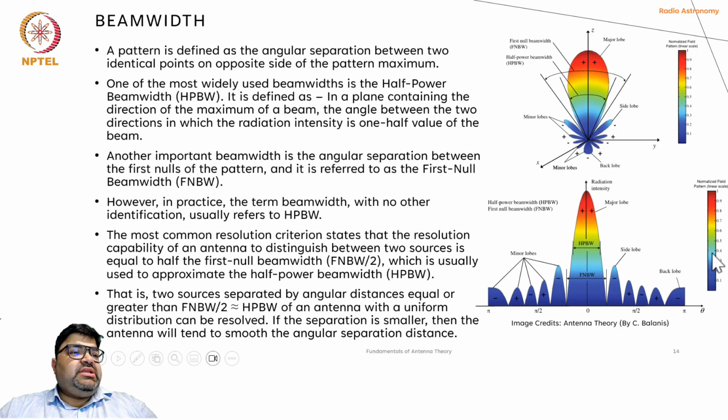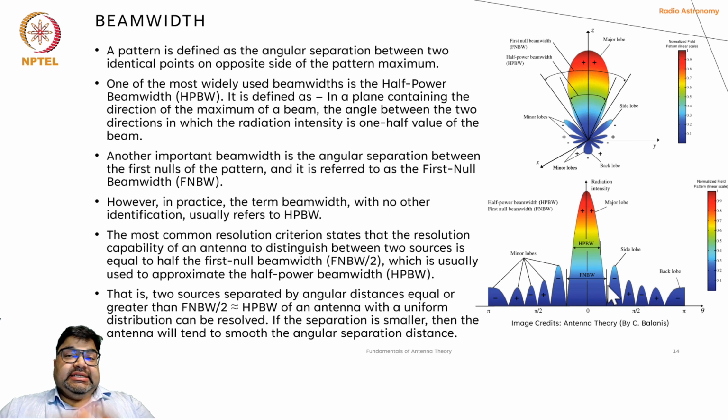Now coming back to the same slide, we want to make a couple of points on this power pattern plot. The distance between the half power points is called HPBW, and between the two nulls is called FNBW. This is very important for a radio telescope because it defines the field of view.